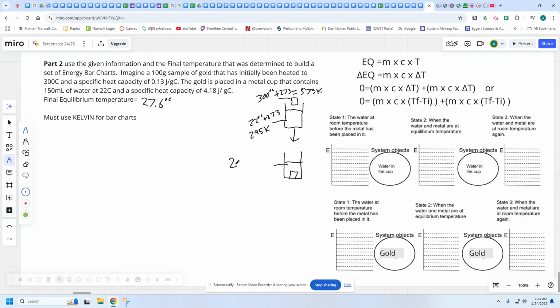So we're going to just calculate the 27.6 Celsius plus the 273. And when you guys do that, both the gold and the water are currently at 300.6 Kelvin for the equilibrium. So I'm just going to abbreviate equilibrium. That's a U.